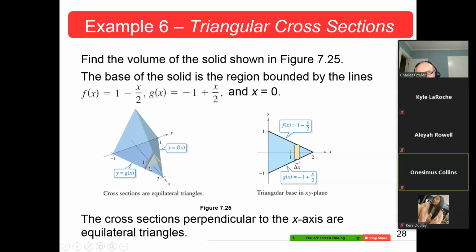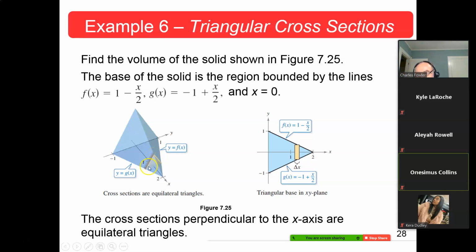these are not the right numbers, but I'm going to use them. Let's just say this is length 1, that's length 2, and this would be the square root of 3 over 2. Why?